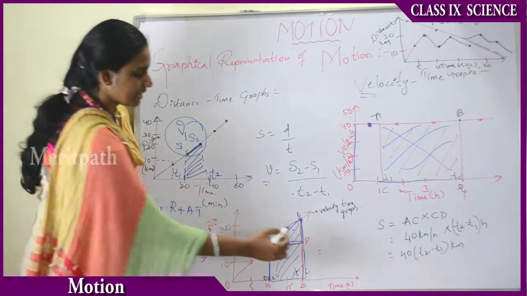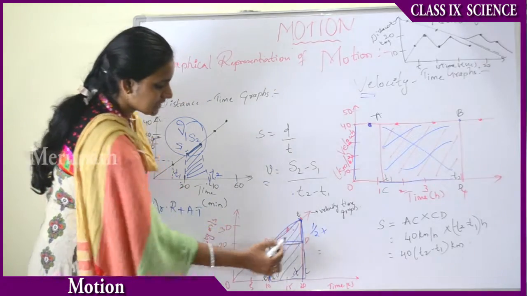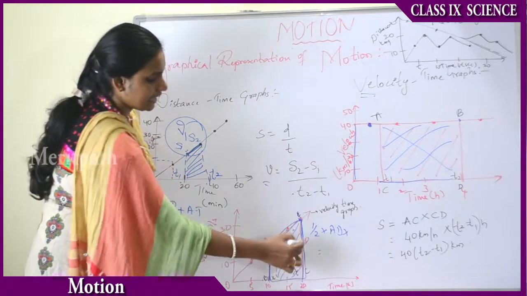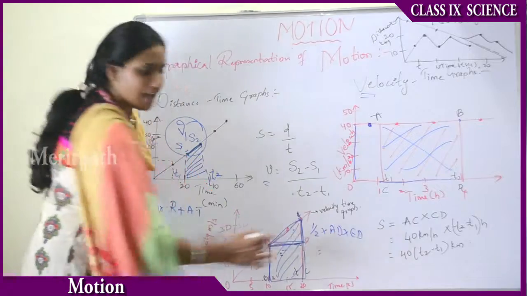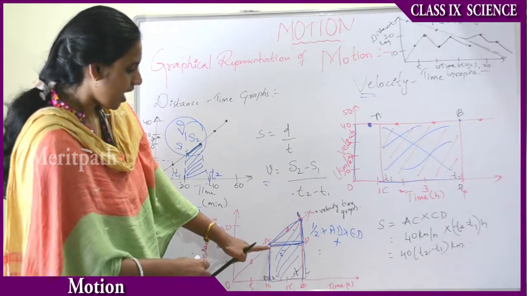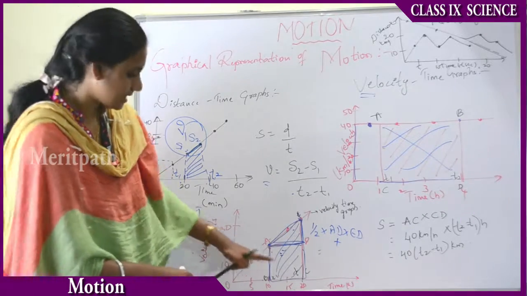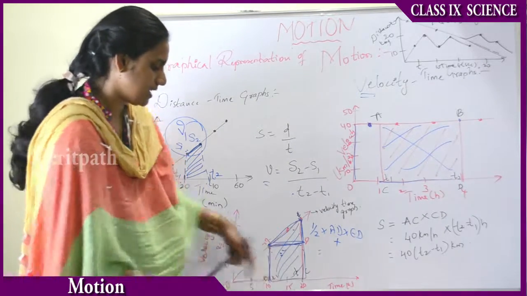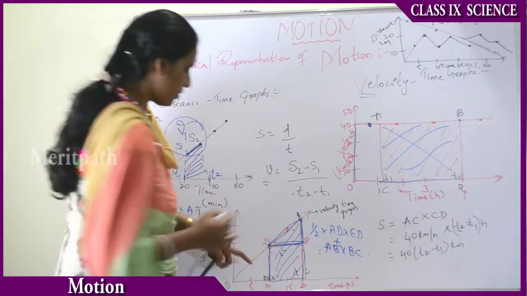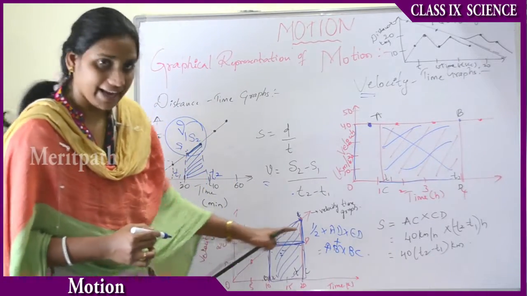The area of a triangle is half base into height. We all know that the base is AD and the height will be ED, plus the area of the rectangle, that is length into breadth, that is AB into BC. Now BC is equal to AD.